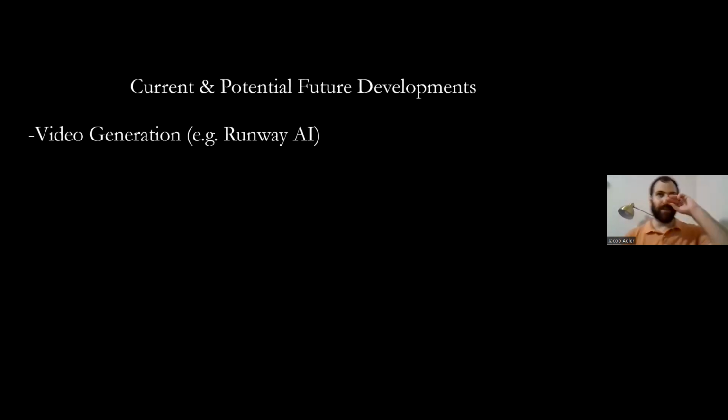And this one is able to generate really short video loops, not even just images, but video as well. And they're saying that one day people will be able to create maybe even more extensive and more realistic looking video. So that'll be very interesting to see.